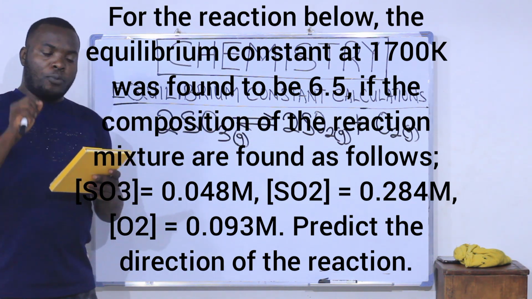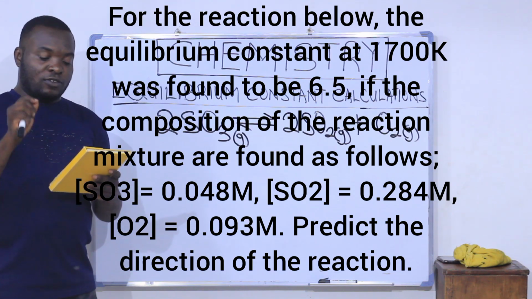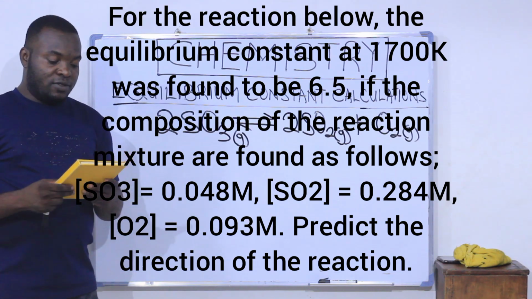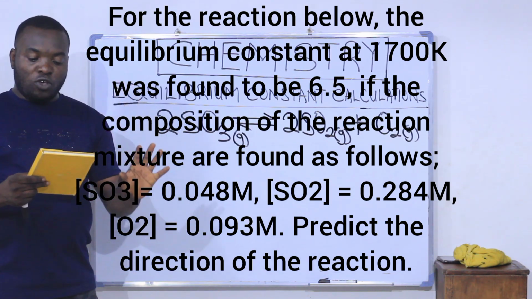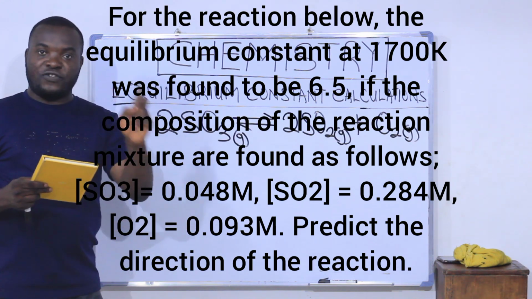The equilibrium constant at 1700 Kelvin was found to be 6.5.